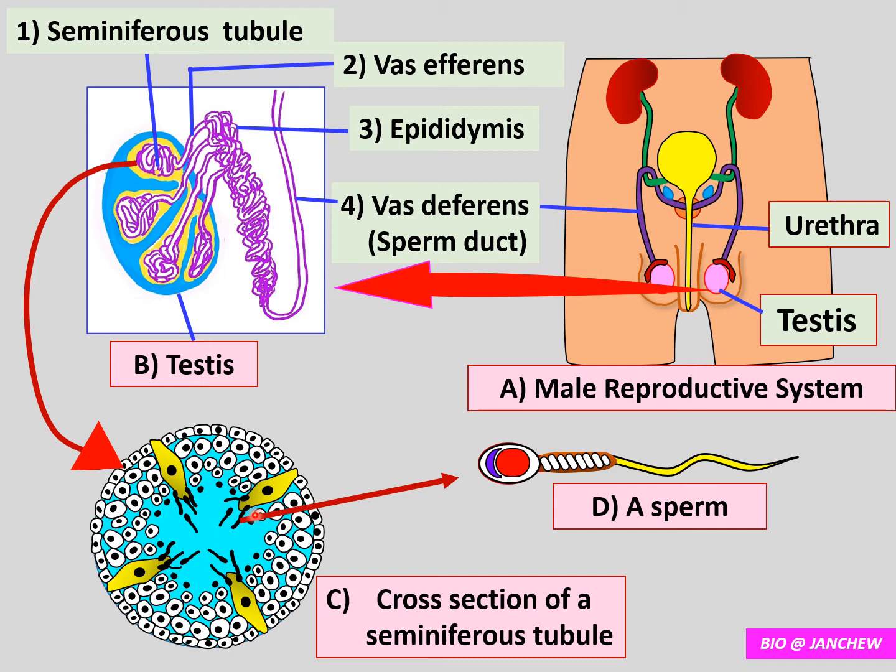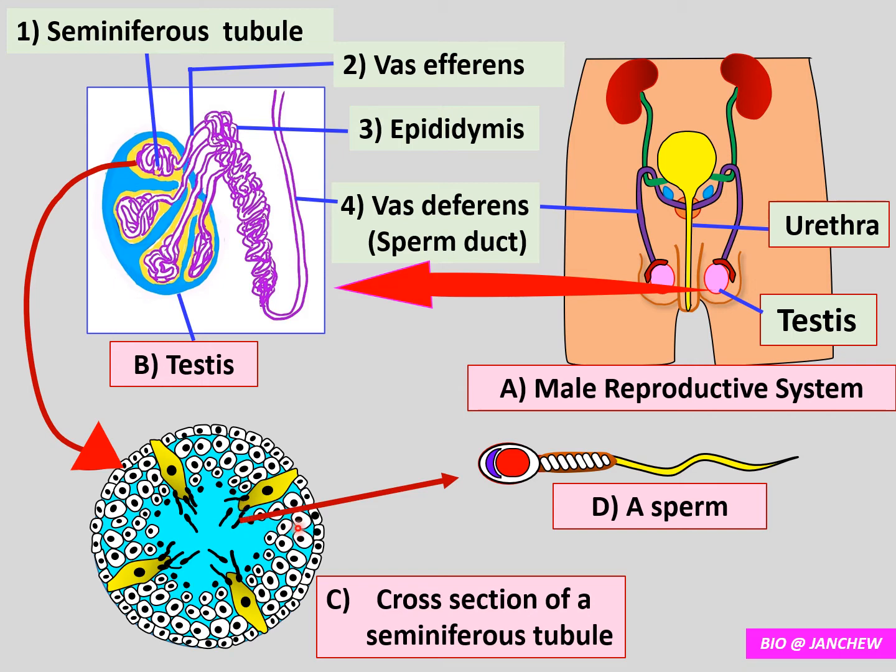The head of the sperm is sometimes attached to the big yellow colored cell, which we call the Sertoli cell. These Sertoli cells are quite important because they provide nutrients for the growth of the sperm. So this is the seminiferous tubule where sperm formation occurs, and it's found in the testis.